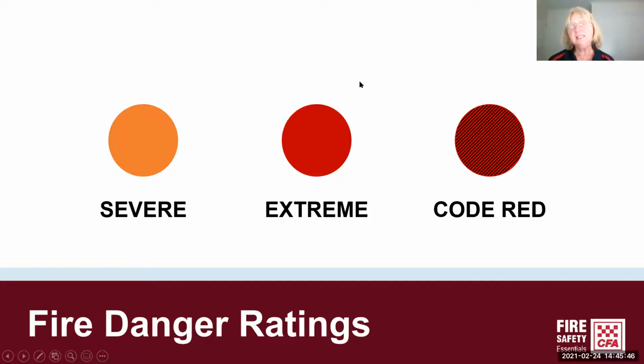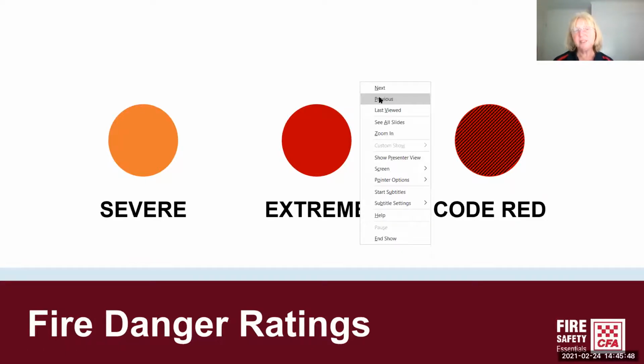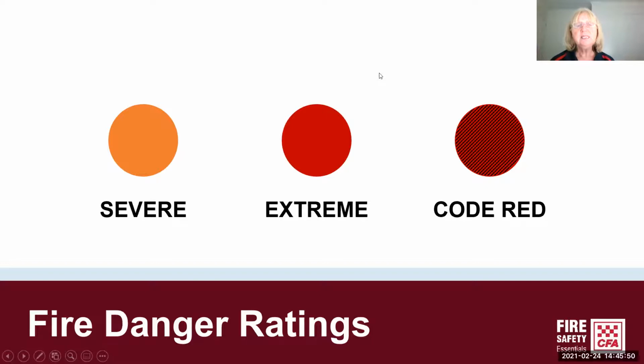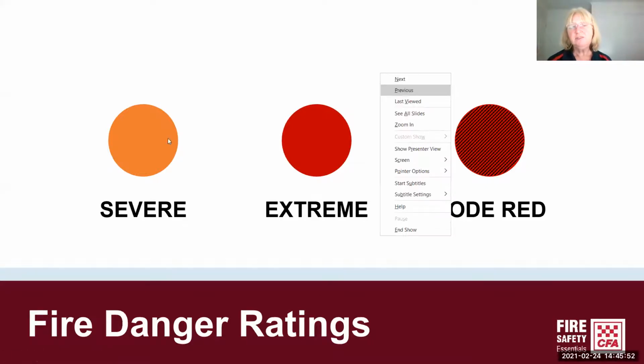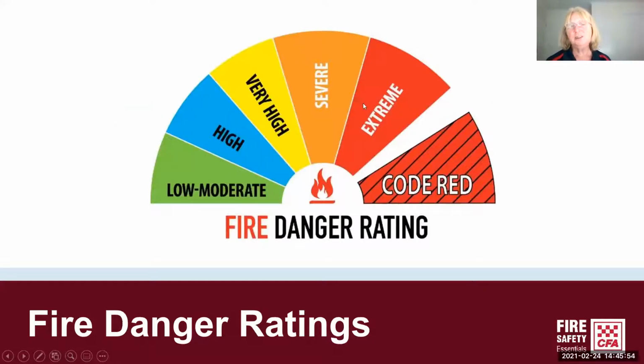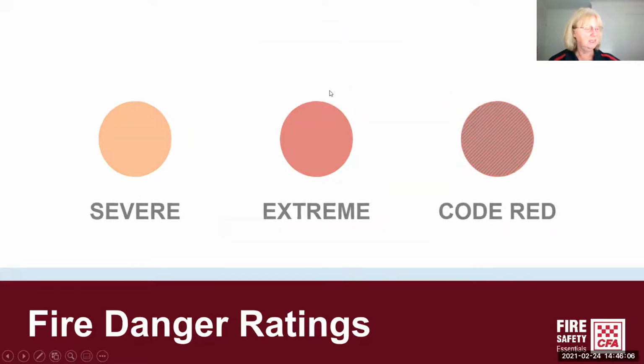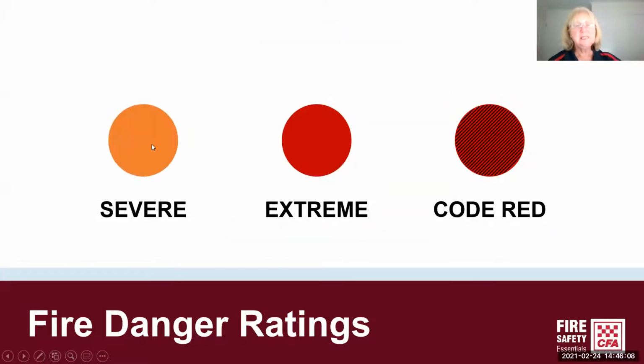On a day of high fire danger, a fire can start. But each of those, the low, moderate or the high or the very high, fires can start. We have fires in winter in the right conditions. But if you have a severe day, you will see a fire.